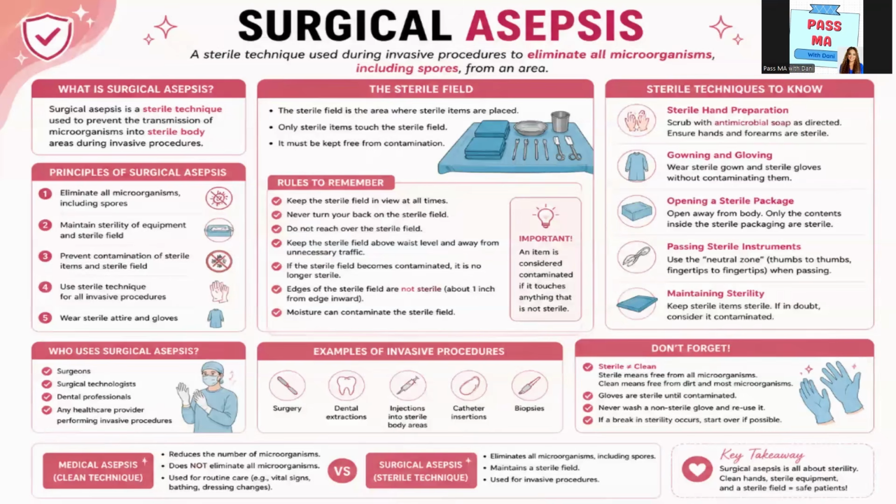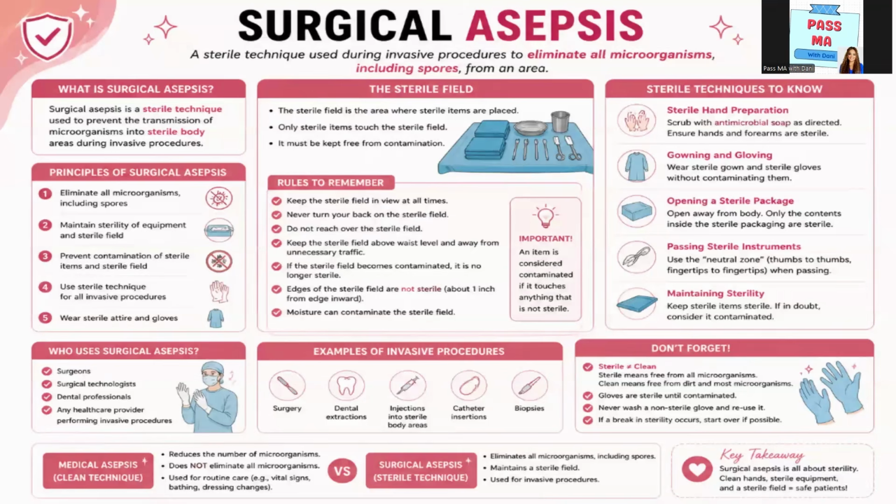Here's the biggest takeaway. Medical asepsis reduces germs. Surgical asepsis actually eliminates all germs. Now, I also want you to remember you can never reach over a sterile field. If you put your arm over and reach over a sterile field to grab something, guess what? It now becomes contaminated. You do have to break down the field and start over.